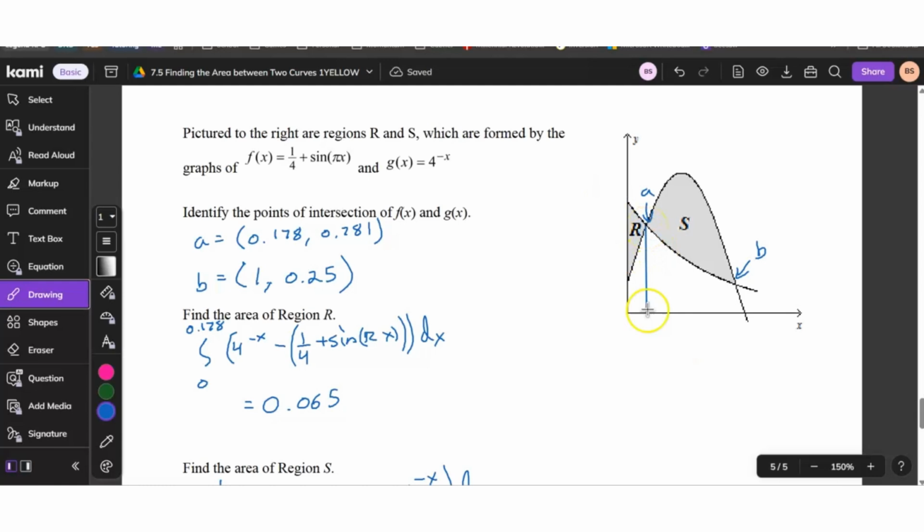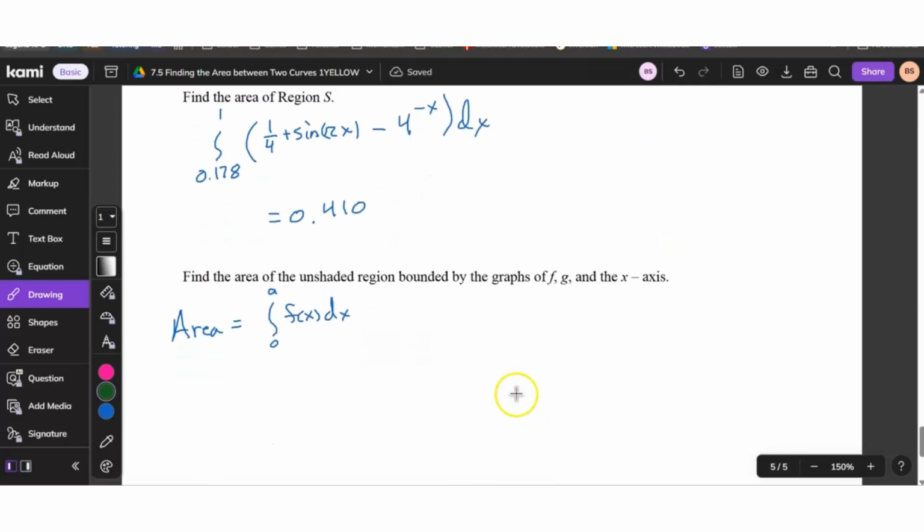It's just this piece, which would be under f of x, but it's only under f of x. The next section, from a to b, is only going to be under g of x. So then we're going to add to that the integral from a to b of g(x) dx.